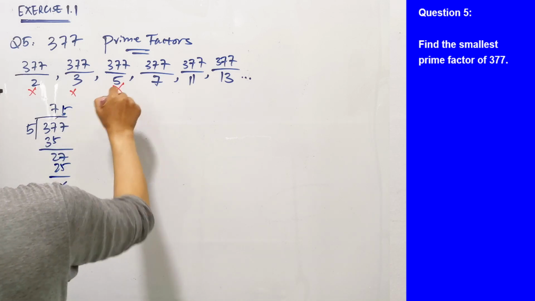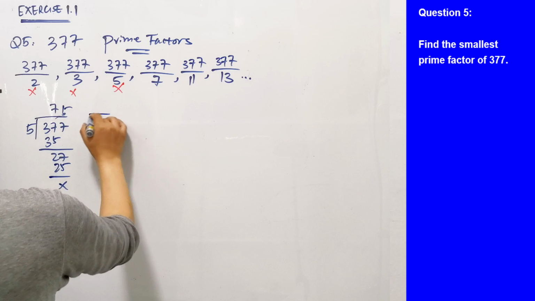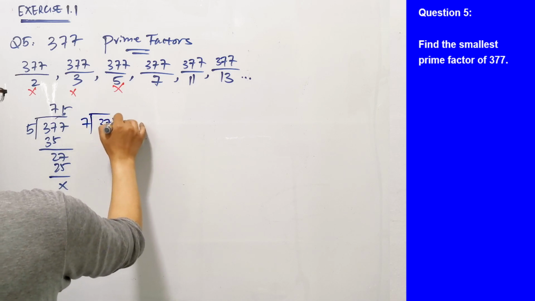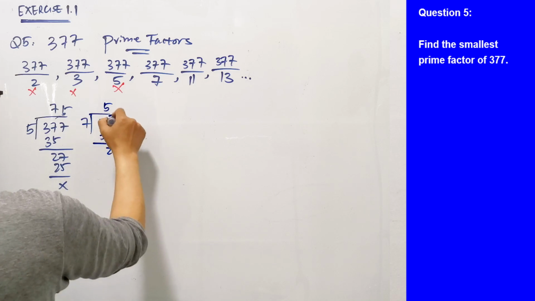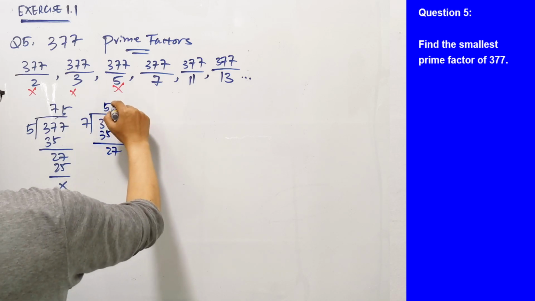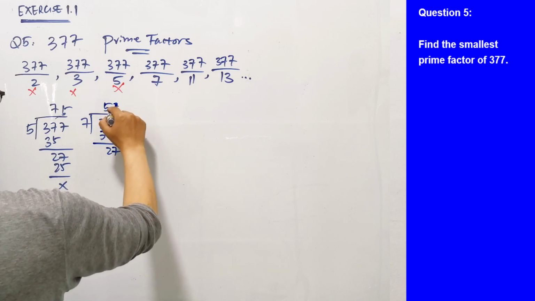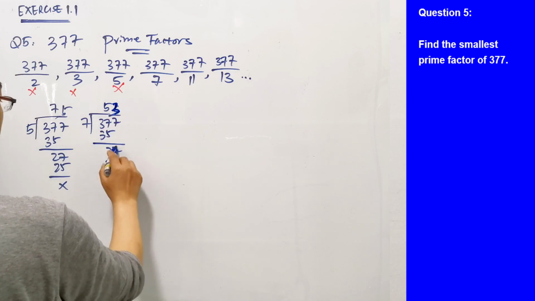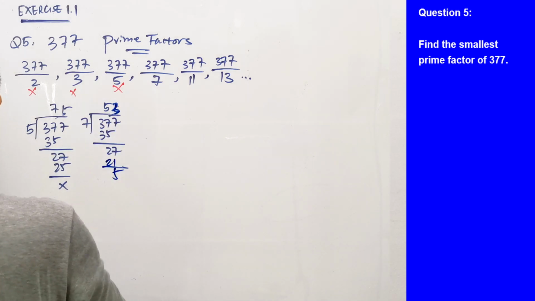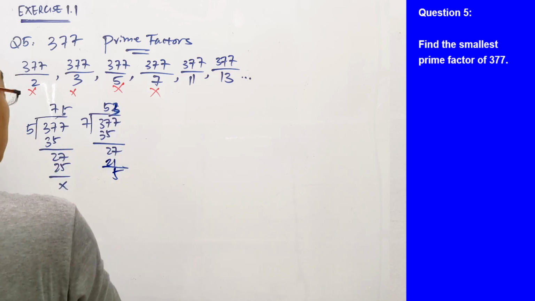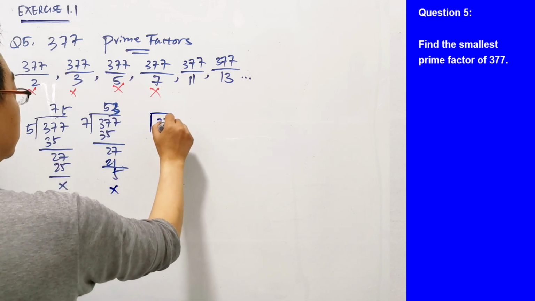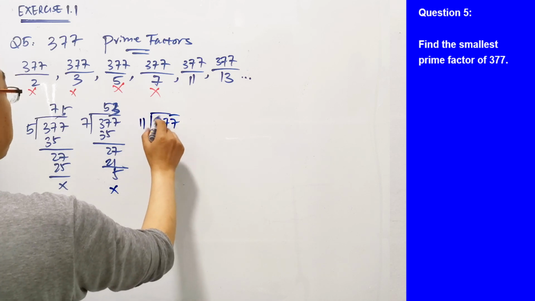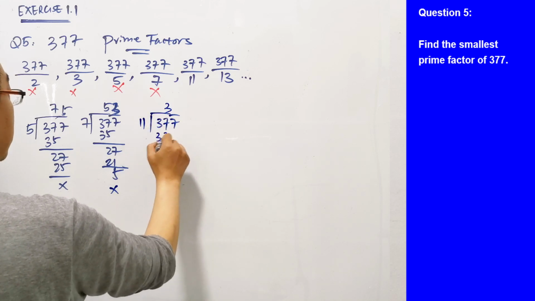Let's try 7. In this case, it's 4, right? Now it's 3, right? We put 3. 21. We have 5 count, right? Let's try 11. We put 3.